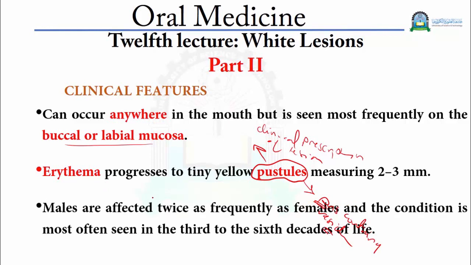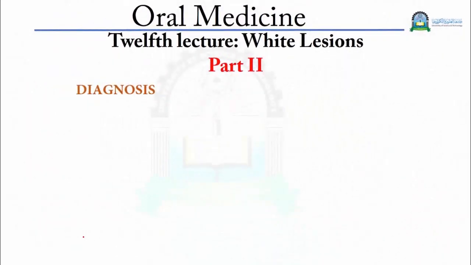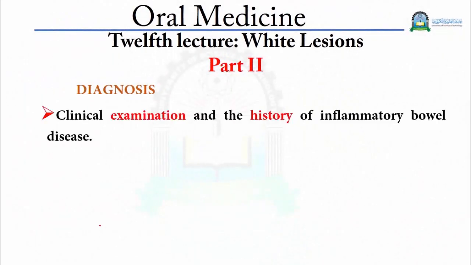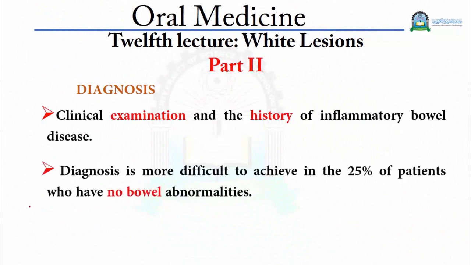Males are affected twice as frequently as females, and the condition is most often seen in the 3rd to the 6th decade of life. Diagnosis of pyostomatitis vegetans depends on the clinical examination and the history of inflammatory bowel disease.